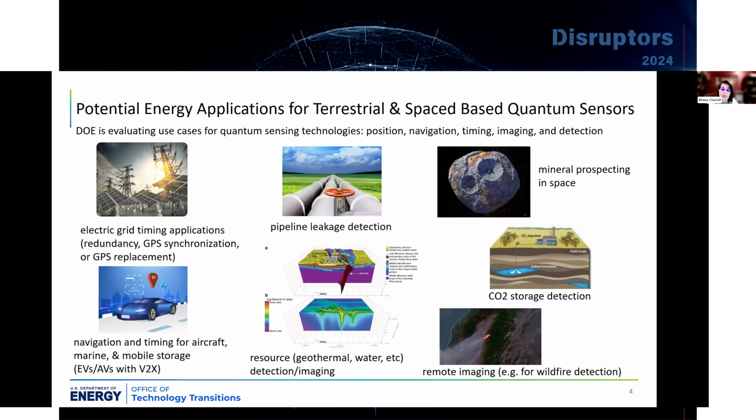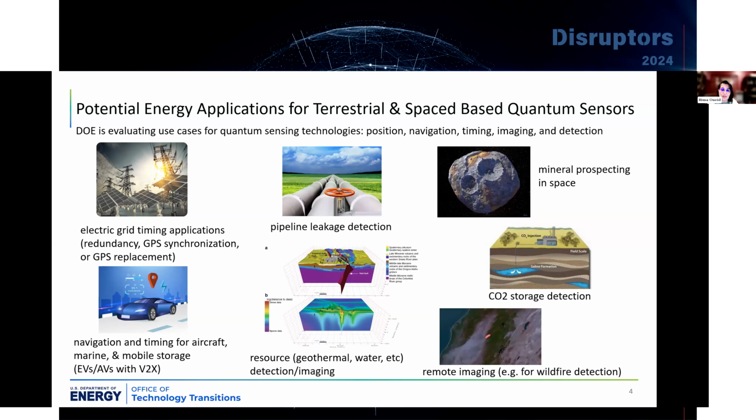We're really interested in highlighting the capabilities around position navigation, timing, mineral prospecting, and resource exploration on Earth as well as in space, looking for water, ensuring that our infrastructure is behaving properly, like I mentioned, leakage detection, finding caverns where we can store CO2 on Earth, or find caverns in space for opportunities where we can maybe allow for colonies to exist, for example, or manufacturing centers in space.